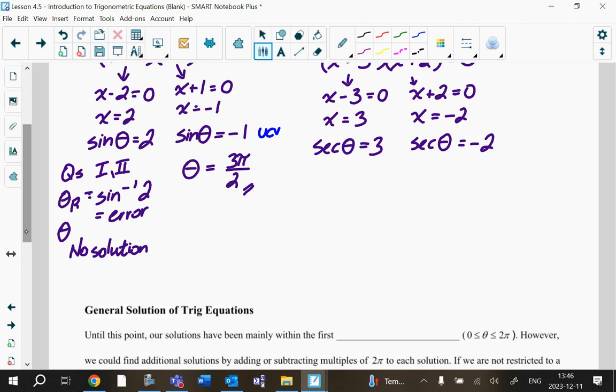So this flips to cos theta, reciprocal, which means this flips to 1/3. This flips to cos theta, which means this flips to -1/2. And that's a UCV value. But the first one is not.